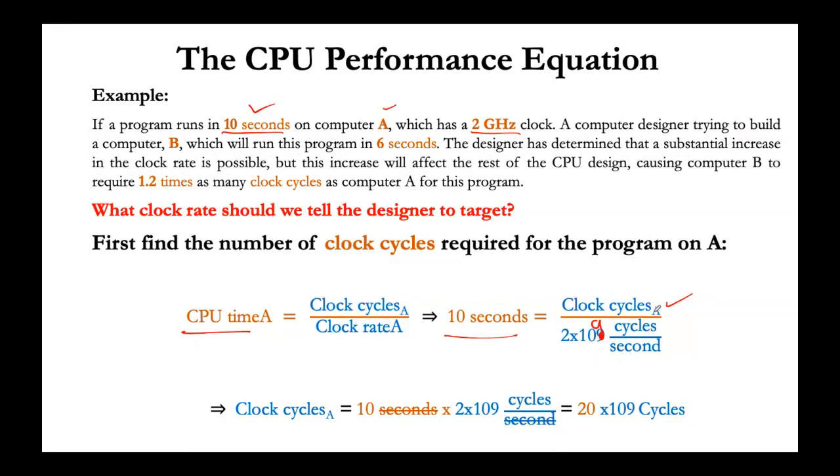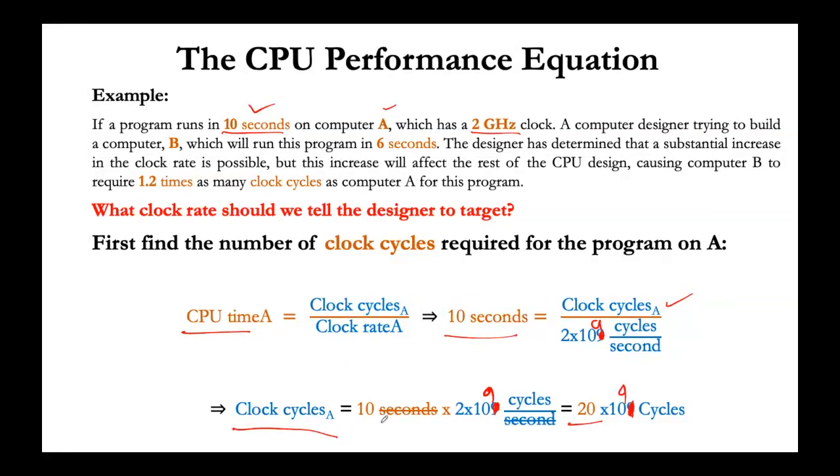When you simplify this, the clock cycles are equal to 10 seconds multiplied by 2 into 10 to the power of 9 cycles per second. The seconds cancel, so we get 20 into 10 to the power of 9 cycles.